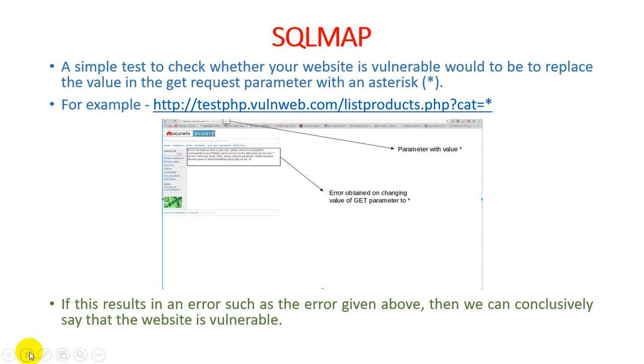Why can we say the website is vulnerable? Because of the reflection of the asterisk mark, it is performing some actions. It should not be found in the database, but the parameter is reflected in the request, and that request is executed on the server side. That's why this is vulnerable.